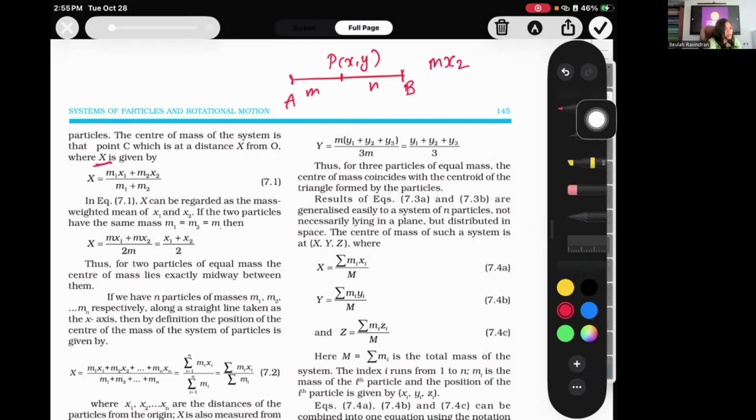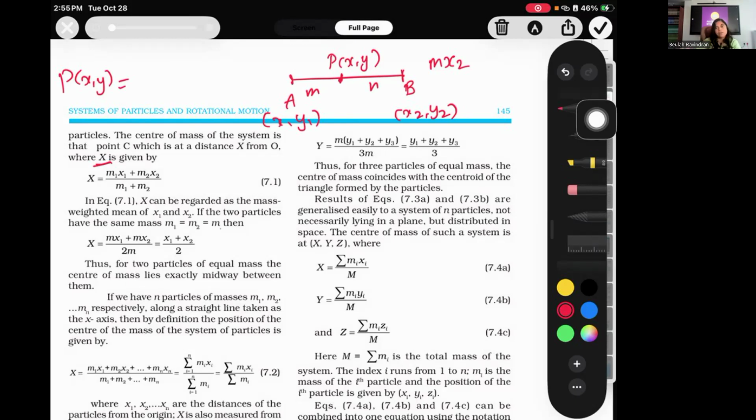This is x2, y2, this is the x1, y1 point. If you want to find out P of x, y, this point, you are considering whether this point divides the given line segment internally or externally.